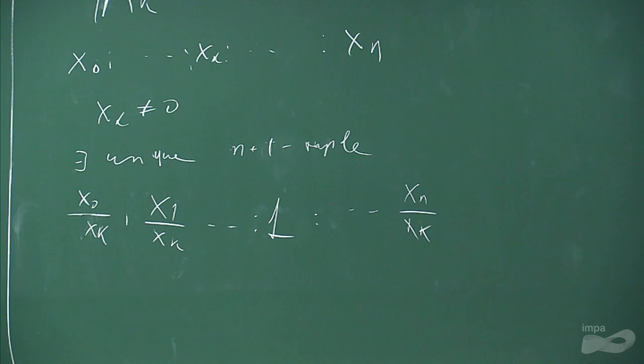Since a point belongs to the intersection of A_k with A_l, the l-th coordinate is non-zero as well, and it's mapped by multiplication by xk over xl to x0 divided by xl, and so on, xn divided by xl.